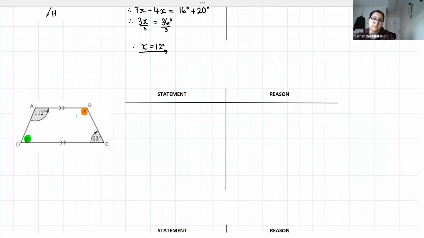Remember your reasons. Remember to take careful note of what information I have actually given you in the diagram. And again, you're solving for X and Y. Again, remember reasons.